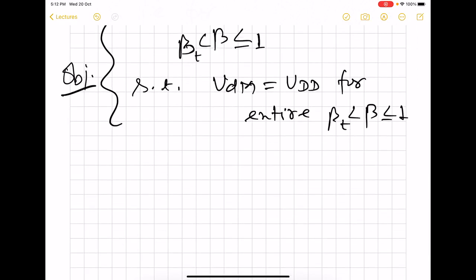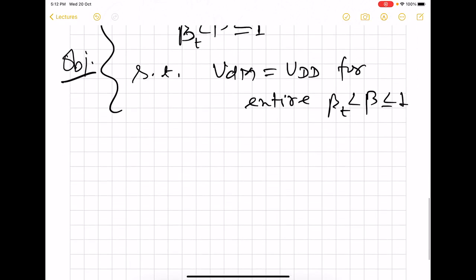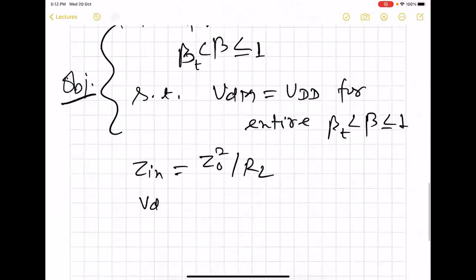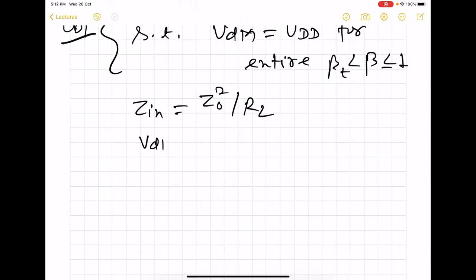Now there are certain equations that we will be using, and those are that for lambda by 4 line, we have this relation, and the same relation can be rewritten for the equivalent circuit of that. We will shortly write it.